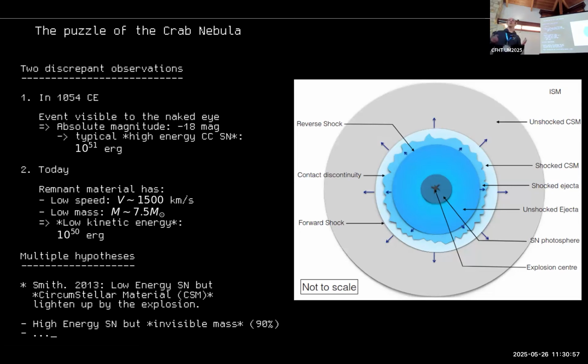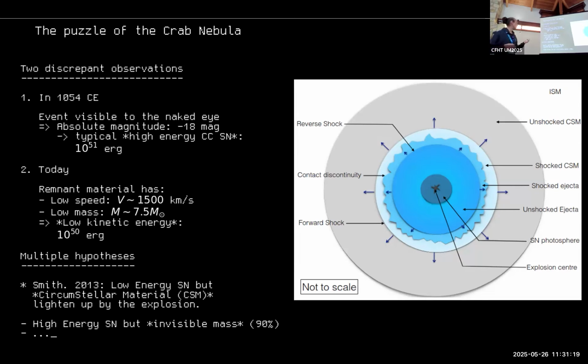But when we look at the remnant today, if we measure the kinetic energy of the remnant today, the kinetic energy is 10 times lower than the energy which would have been the input by a high energy supernova.